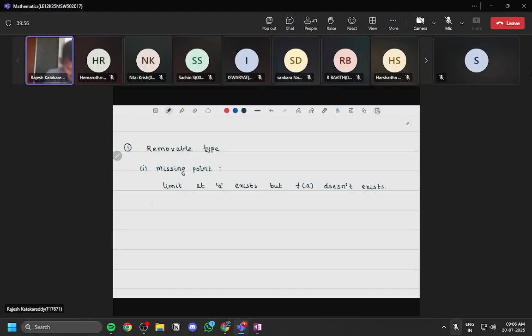This type of discontinuity can be removed by redefining the function value.